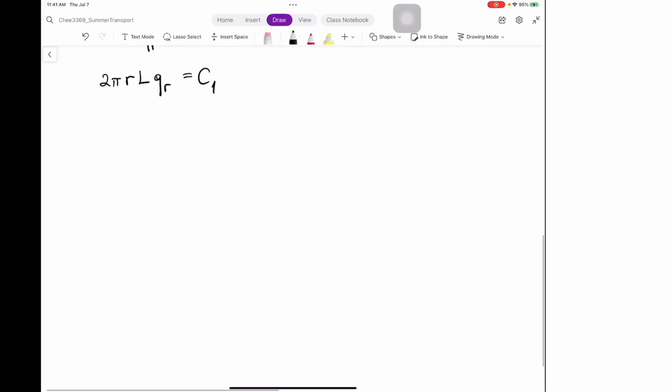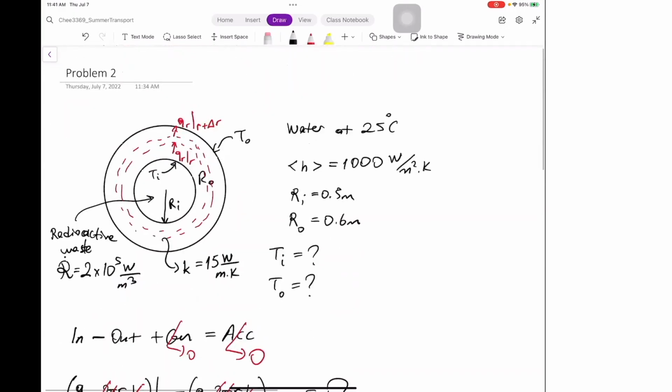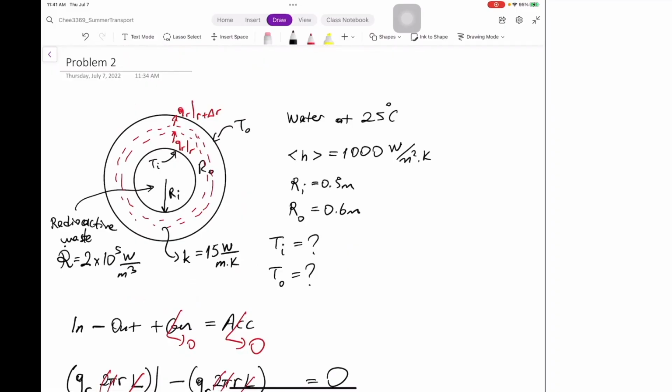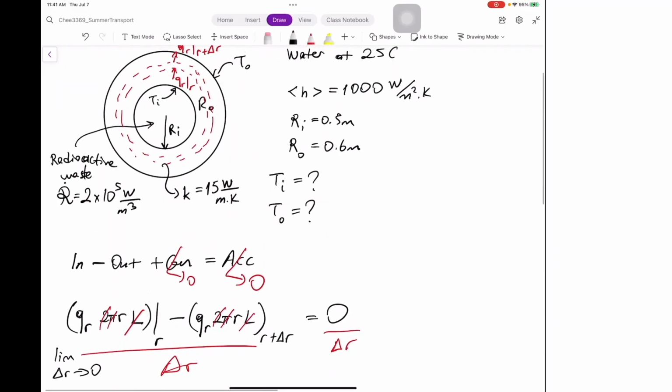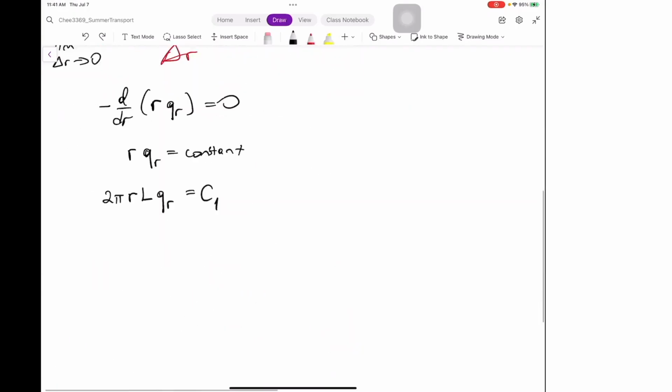And the boundary condition that you can actually use, before moving to the temperature profile, I think it's a good idea to write down the flux at this inner surface. Okay.